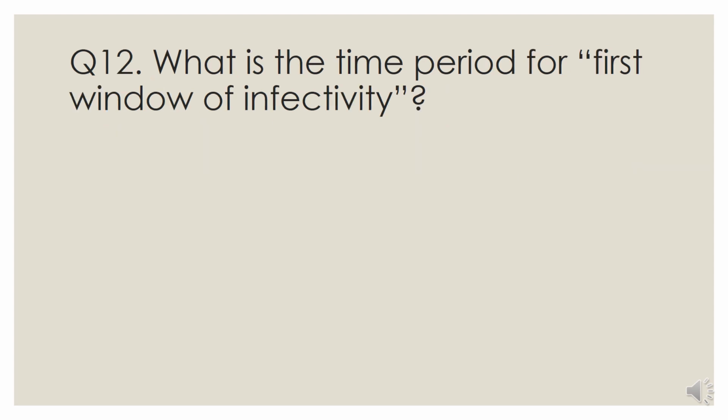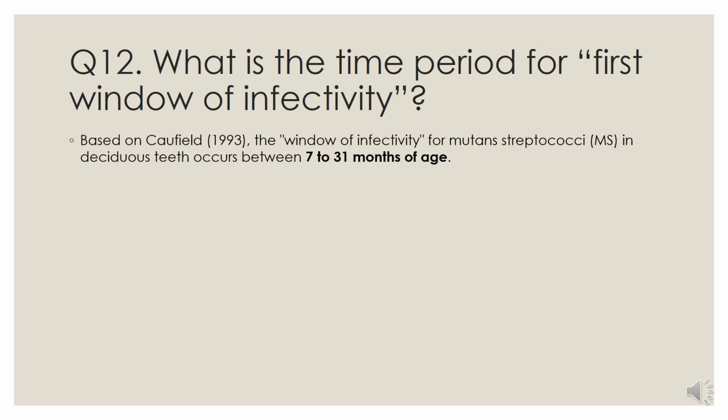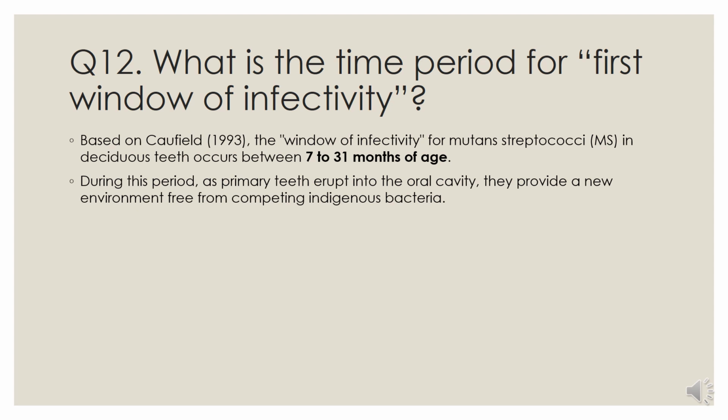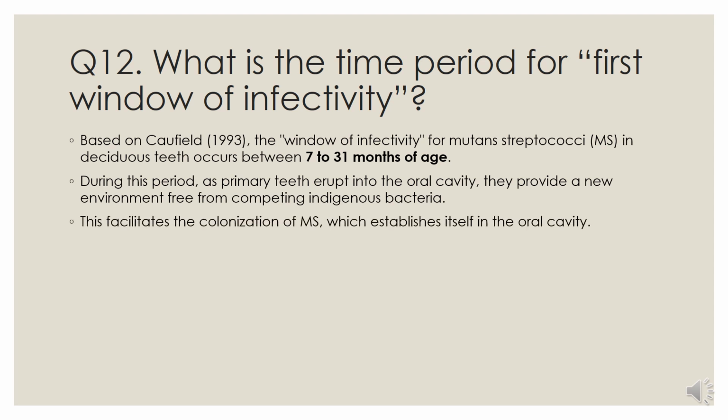12. What is the time period for first window of infectivity? Based on Caulfield in 1993, the window of infectivity for mutant streptococci in deciduous teeth occurs between 7 to 31 months of age. During this period, as primary teeth erupt into the oral cavity, they provide a new environment free from competing indigenous bacteria.